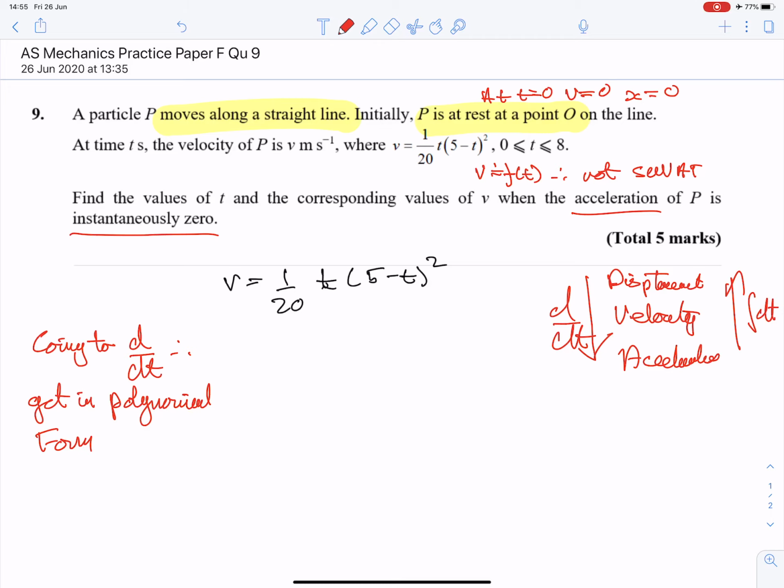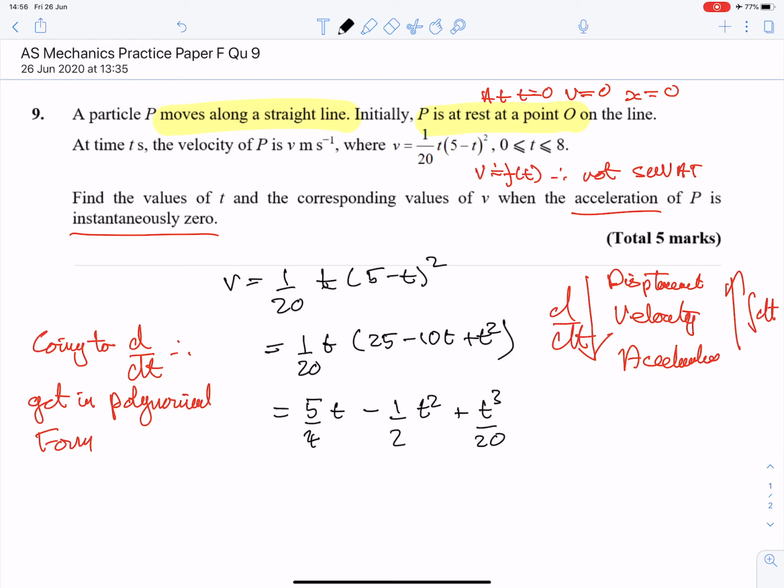In other words, expand out the brackets. So v is equal to 1/20th of t times (5 minus t) squared, which is 25 minus 10t plus t squared. You can use a grid if you need to for that. Now expand, so we get 5 over 4 t, that's 25 over 20, minus a half t squared, 10 over 20 is a half, plus t cubed over 20.